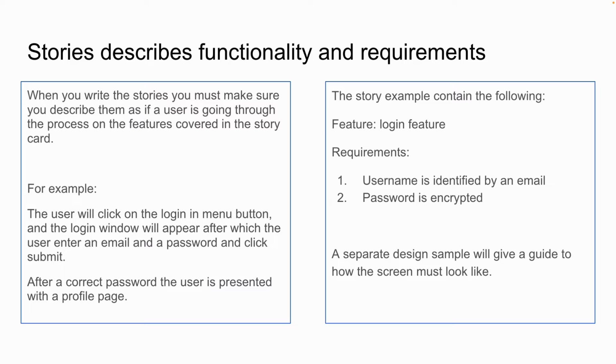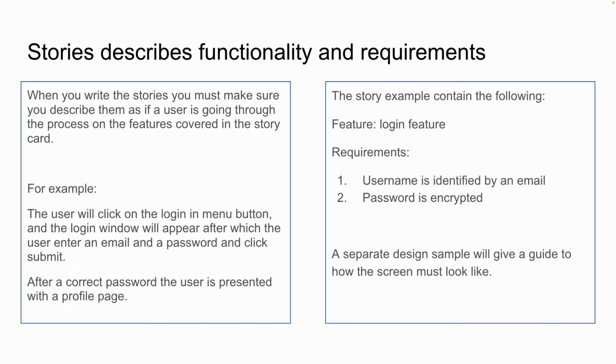For example, the user will click on the login menu button, and the login window will appear, and then after that the user will enter the email and the password and then click submit. And after that, given it's a correct password, the user will be presented with a profile page, for example.